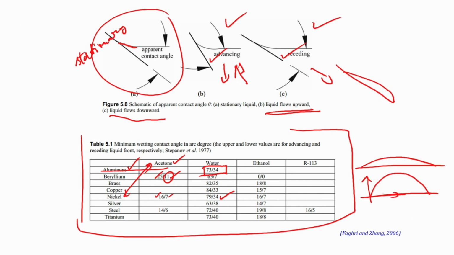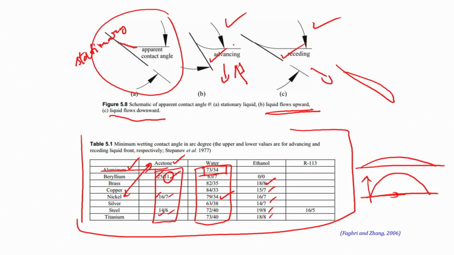Similarly, here we can see for ethanol, because of the lower surface tension, all these values are a bit lower. Ethanol and water, because of the high surface tension values, exhibit a higher contact angle. Acetone is also not very high surface tension. So, all these show the two ranges of values.